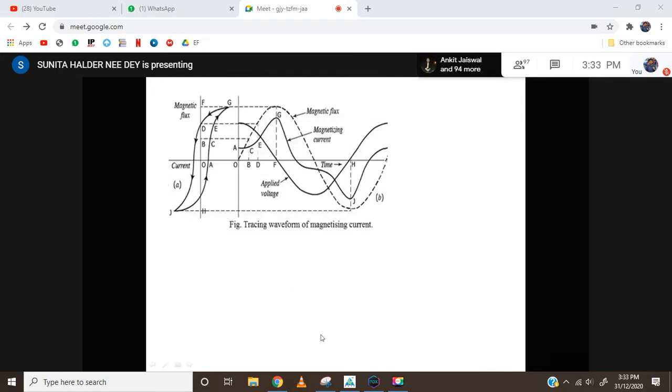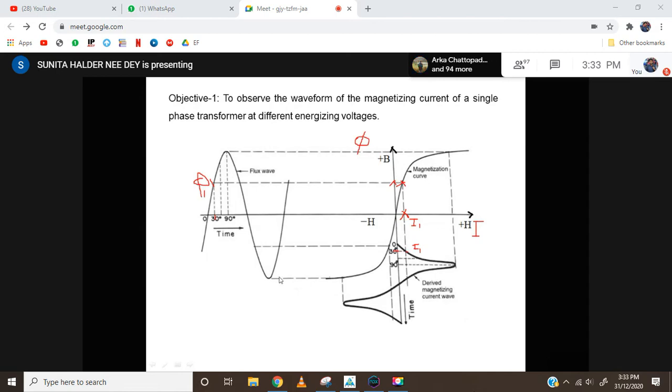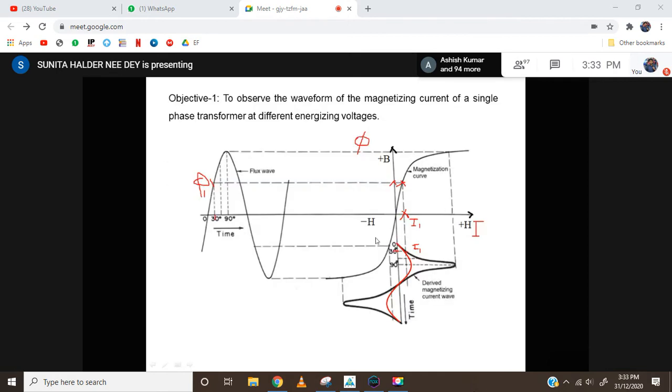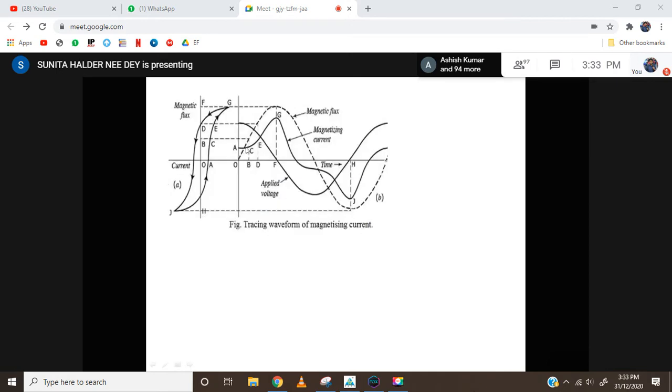Now, when we apply AC quantity, then the BH characteristic is actually the hysteresis loop. In the same figure I have drawn it in a different way. If this is the magnetic flux shown by the dotted sinusoidal line, then if we trace in the same way as I have shown here, we can see the magnetization current wave will be like this.